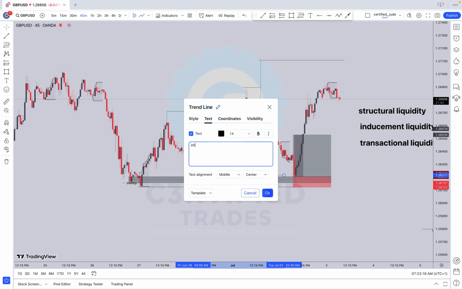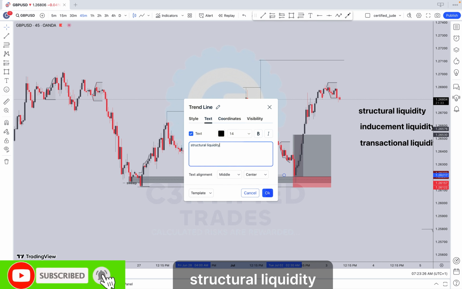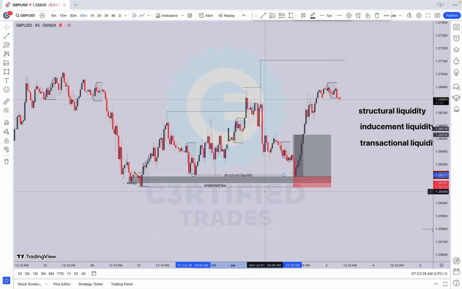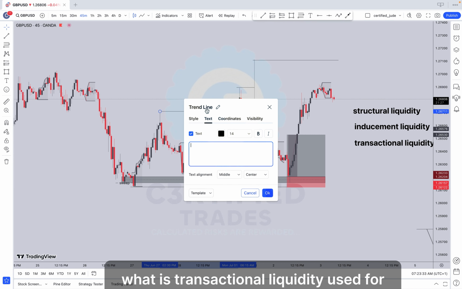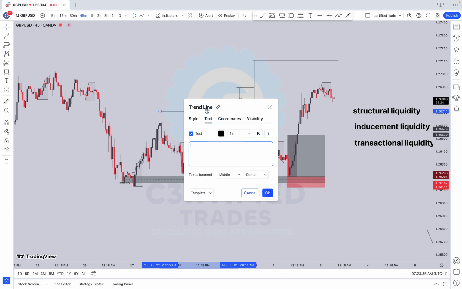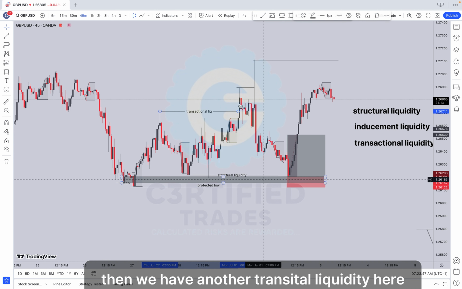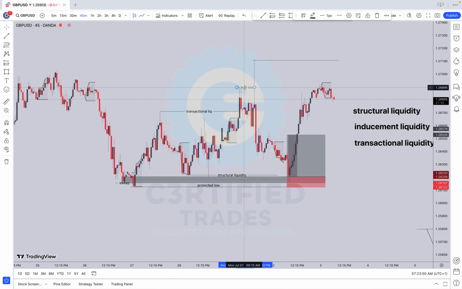Structural liquidity. What did I call this one? This is a transactional liquidity. What is transactional liquidity used for? Then we have another transactional liquidity here.